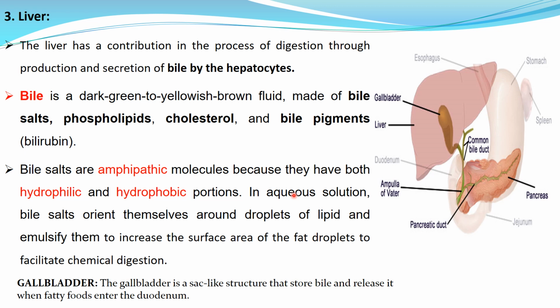In aqueous solution, bile salts orient themselves around fat droplets and emulsify them to increase the surface area of the fat droplets to facilitate chemical digestion.